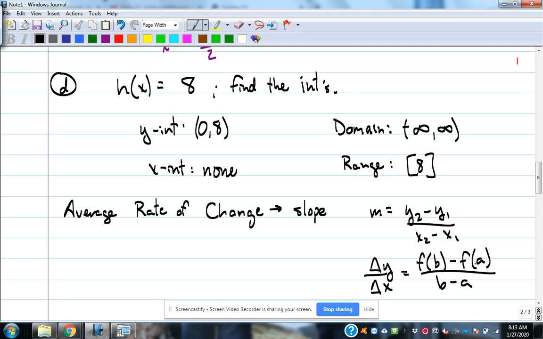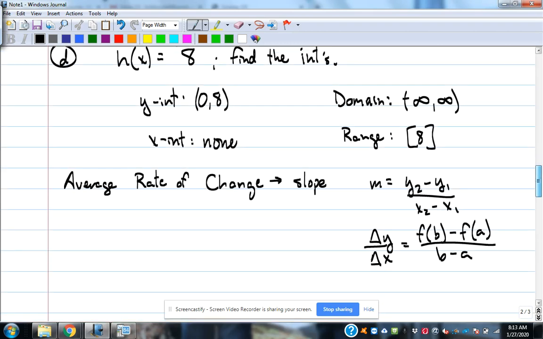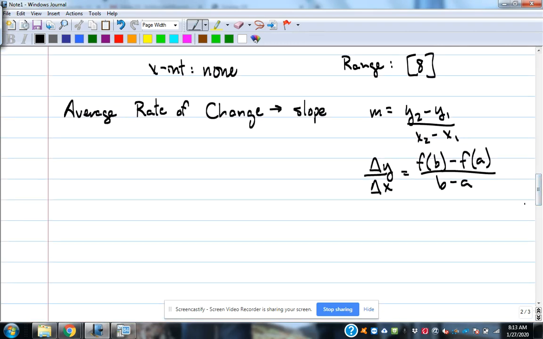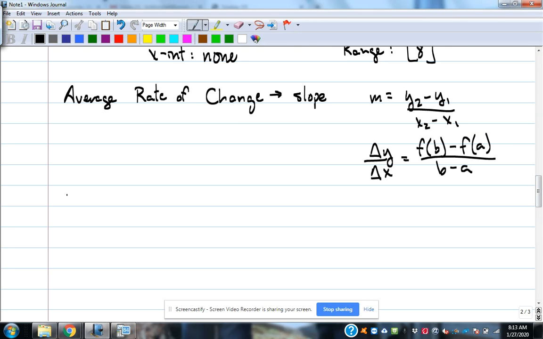Just the slope formula like we already know. So linear models: if we've got data and we want to find the equation for the given data.